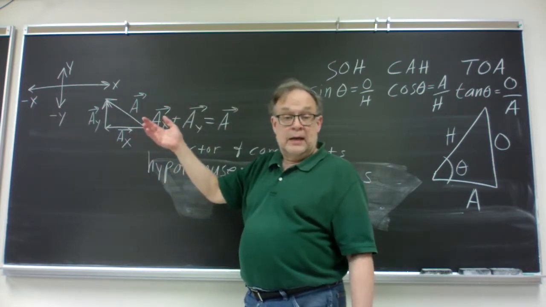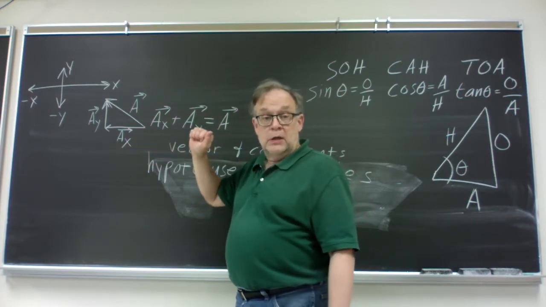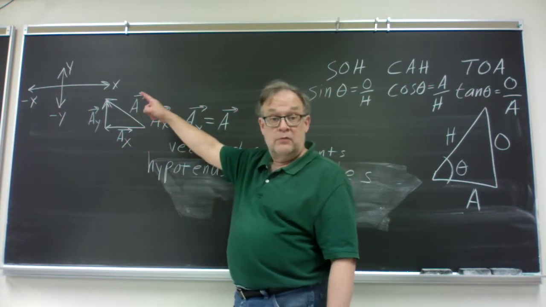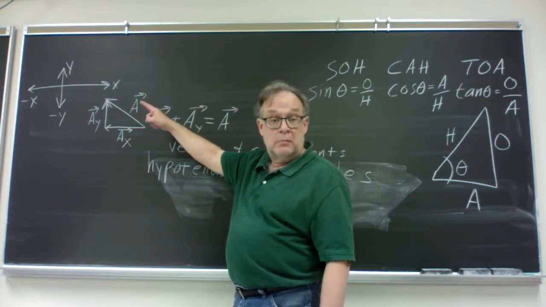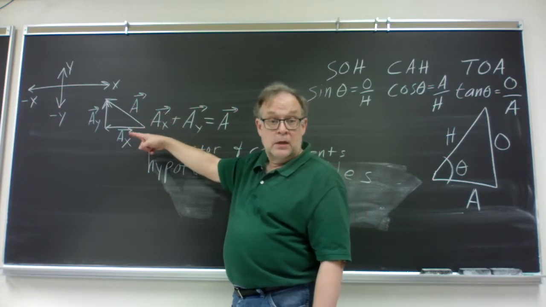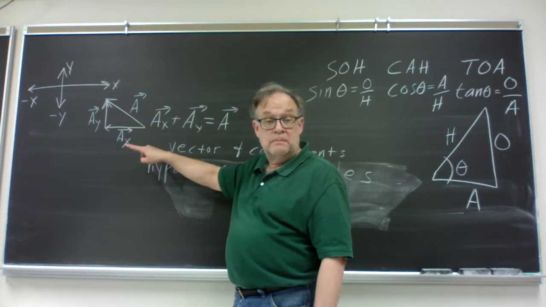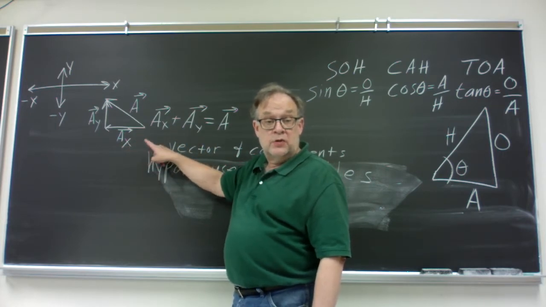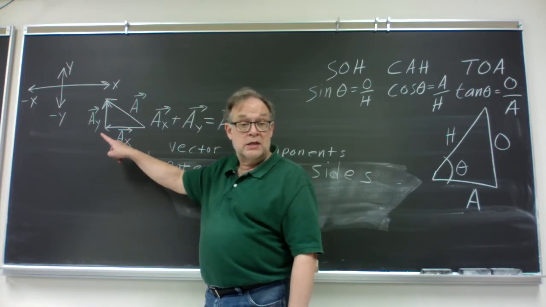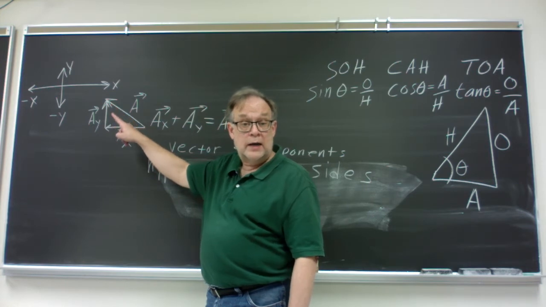For a vector like that, any vector that isn't perfectly vertical or perfectly horizontal, you should always think of that vector as a sum of 2 other vectors that we call components. Ax plus Ay are the 2 components, and Ax is just a vector directly along the x-axis, and Ay is a vector perpendicular to that along the y-axis.